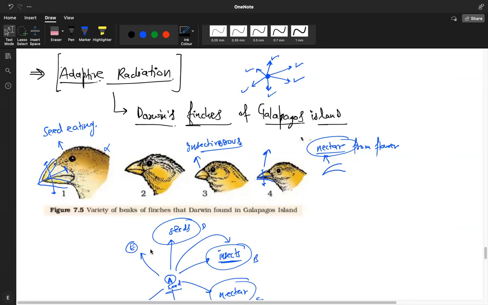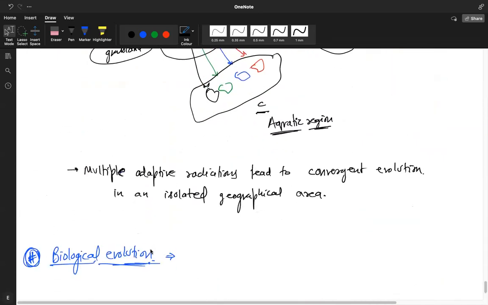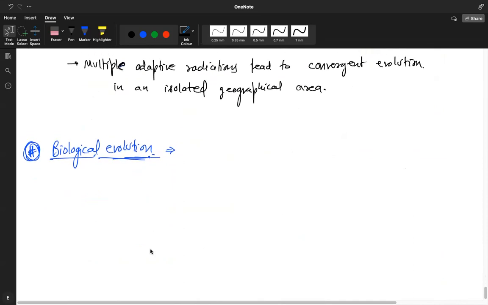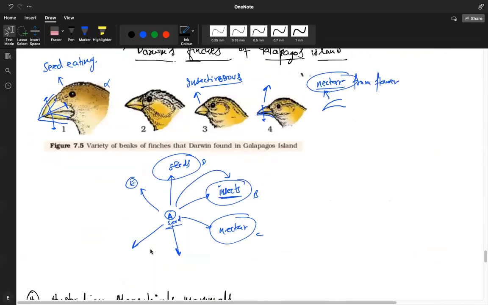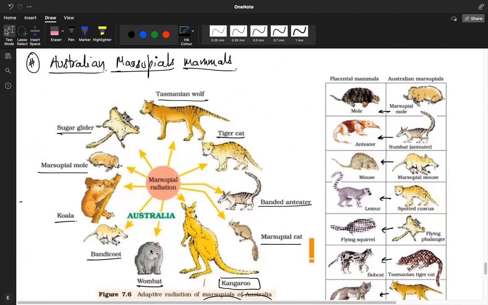And the earliest organisms must have been selected on the basis of their metabolic capacities. That's essentially what Charles Darwin finalized. And then we talked about Australian marsupials, who are equivalent, you could say, to placental mammals.